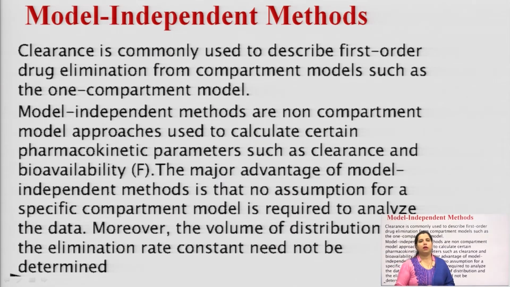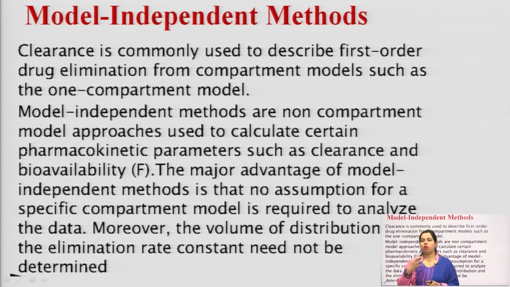So, model independent methods. Clearance is commonly used to describe first order drug elimination from compartment models such as the one compartment model. We have already discussed it in our earlier sessions. Model independent methods are non-compartment model approaches used to calculate certain pharmacokinetic parameters such as clearance and bioavailability.